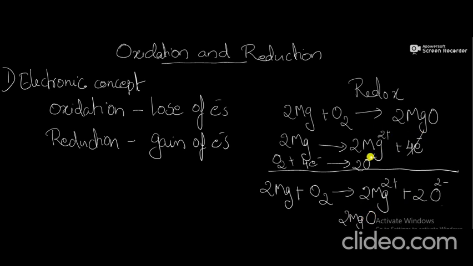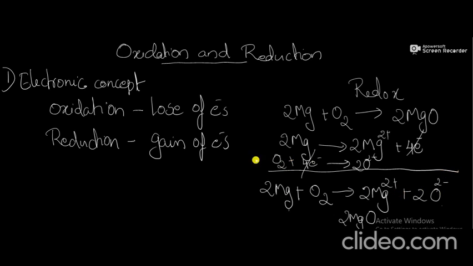The 4 electrons on the product side cancel with the 4 electrons on the reactant side. Then the overall reaction can be written as 2 Mg plus O2 gives 2 Mg2+ 2 O2-.